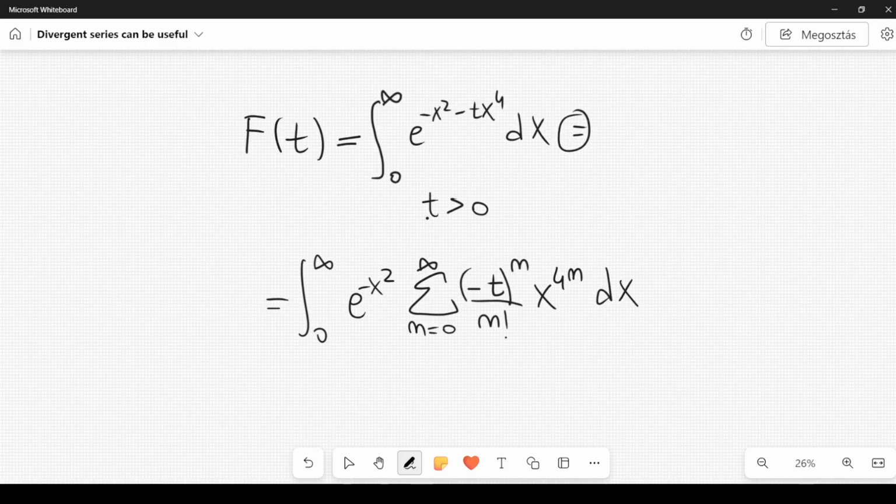Now, this equality still holds because we have simply expanded the exponential, but we have not changed the order between the series and the integral.